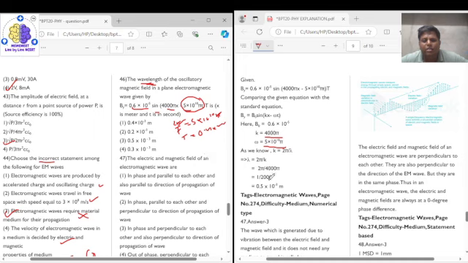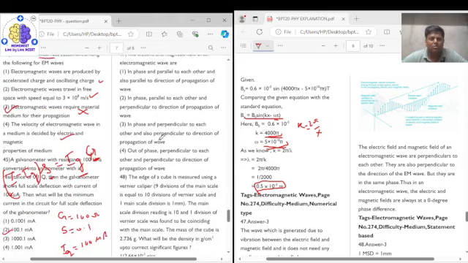So we use the formula k is equal to 2 pi by lambda. Putting the value, we get lambda is equal to 0.5 into 10 to the power of minus 3 meter, which is the correct answer, option 3 for question 46.